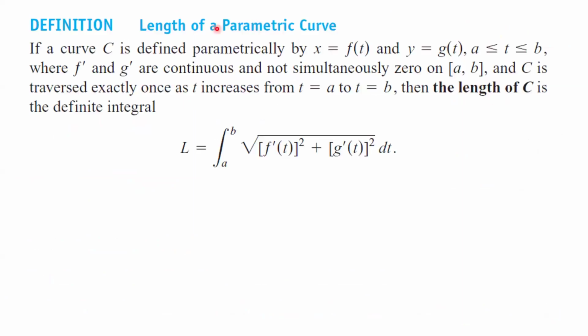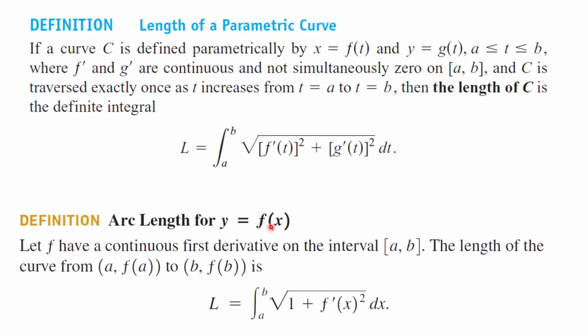So let us summarize these two. The length of a parametric curve, if your x is f of t, g is a function for your y, and t is bounded between a and b, then L, the length of the curve from a to b, is the integral of the square root of f prime squared plus g prime squared dt.